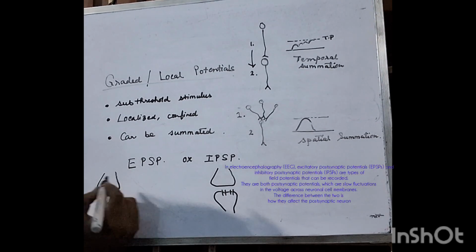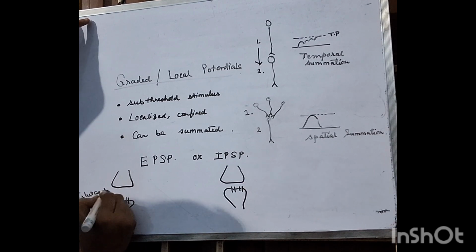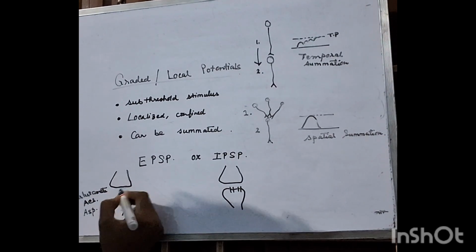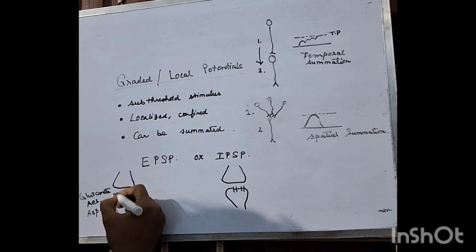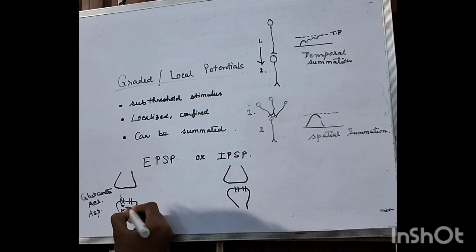When there is secretion of excitatory neurotransmitters like glutamate, acetylcholine, aspartate into the synapse, these result in opening of the sodium channels on the postsynaptic membrane such that there is an influx of sodium ions.